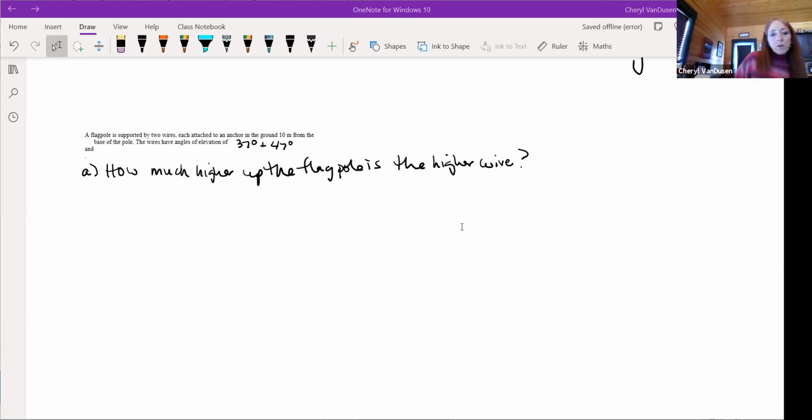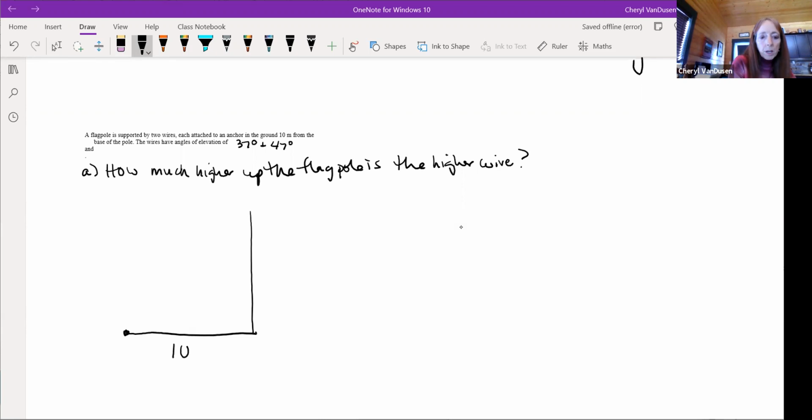Okay, so you may have it drawn. I don't want to give you enough time to totally go through it here in case someone's sitting waiting to have a look. So we've got some sort of flagpole. There's our flagpole. And a guy wire, or I don't think they call them guy wires, but that's what they are. There's two wires attaching to an anchor. So here's our anchor over here. And it tells us that the distance from our anchor to our flagpole is 10 meters.